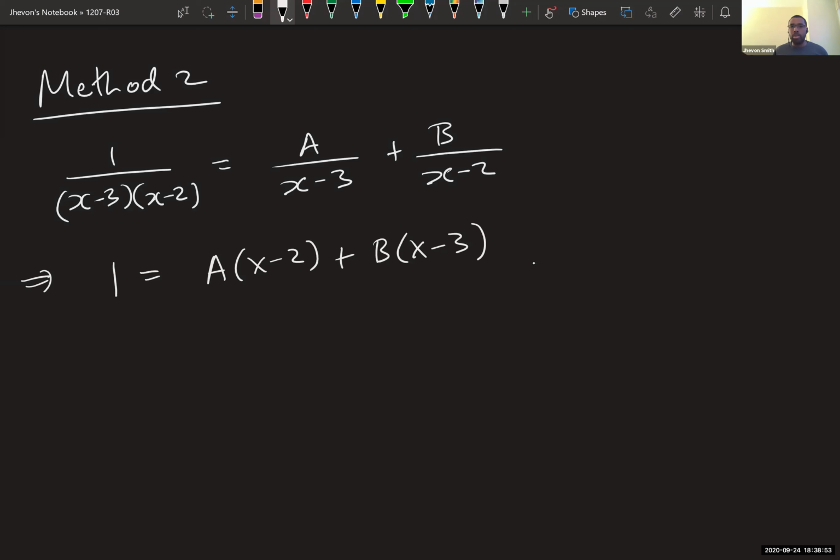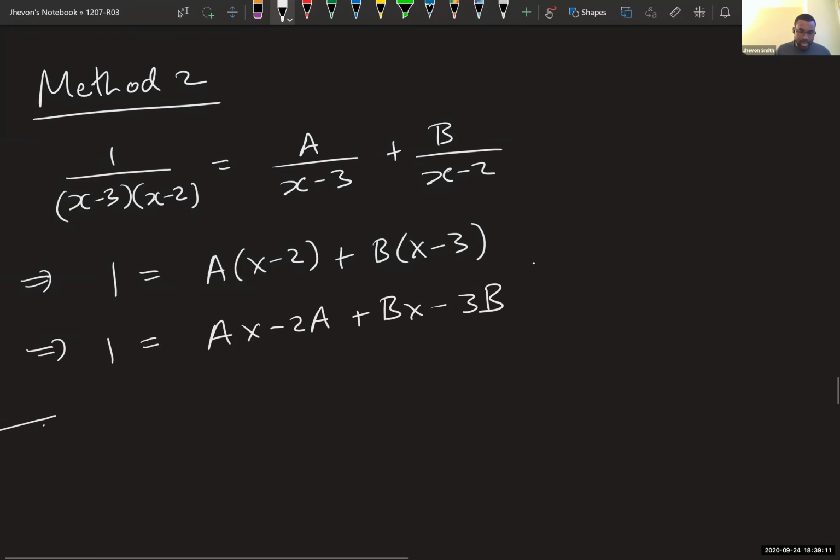And what we do now is not plug in convenient x values. Sometimes there are no convenient x values. No matter what x you plug in, no one's going to die or get canceled. So another option would be to expand and group like terms.